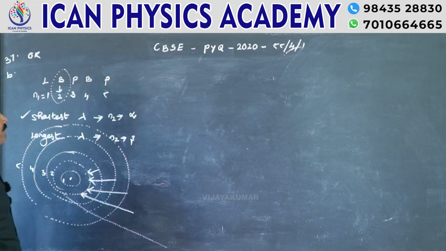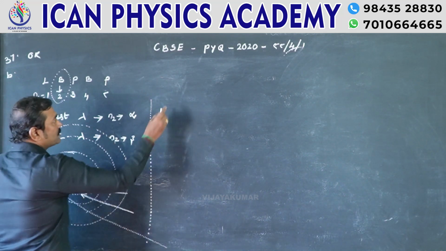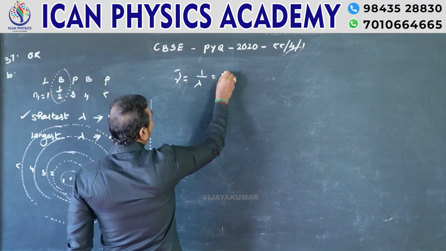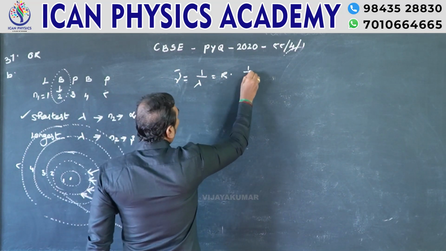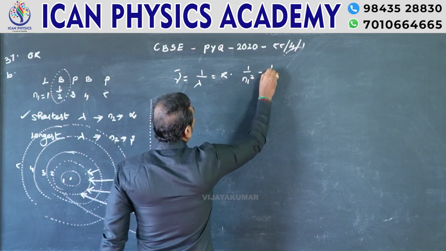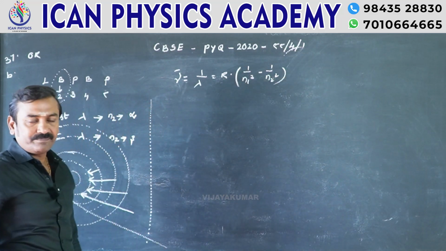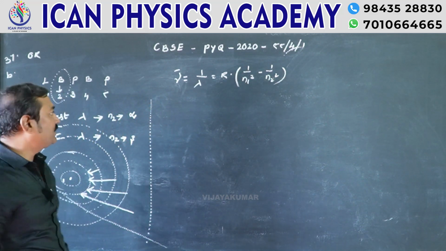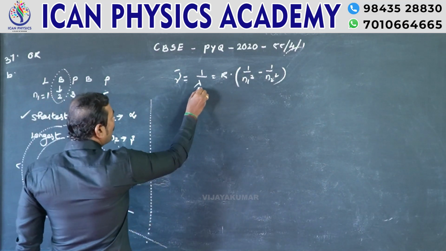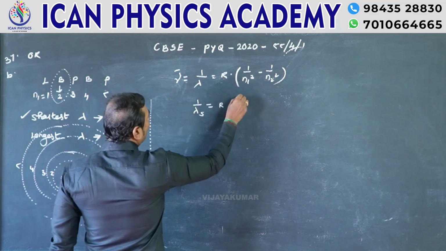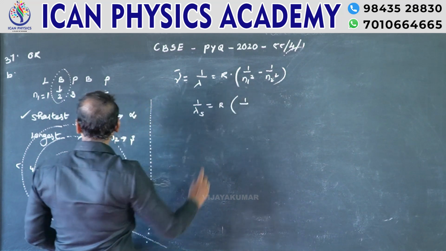Okay. Then what is the formula to calculate? It is nu bar equal to 1 by lambda equal to R into 1 by n1 square minus 1 by n2 square, the general formula. Now I want to modify this one. For the shortest wavelength, 1 by lambda S equal to R into 1 by n1 square.